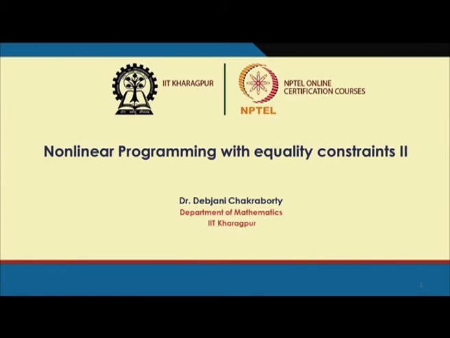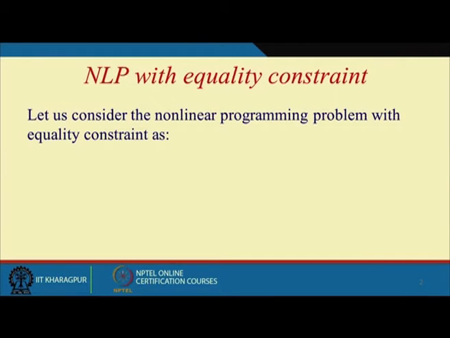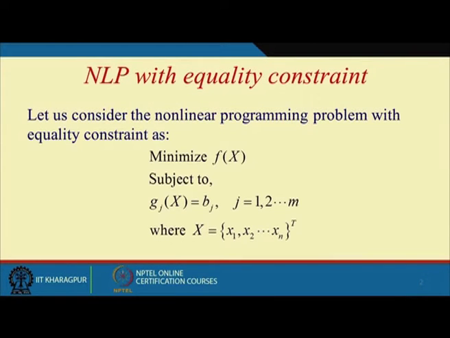And today we are considering the general model of the nonlinear programming problem, where we have m number of constraints, all of equality type, and one restriction is there: m is lesser than n. n is the dimension of the decision variable, the dimension of the nonlinear programming problem, and m is the number of constraints.